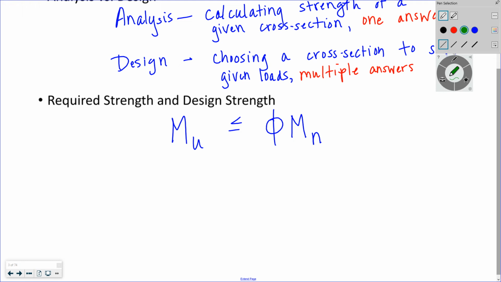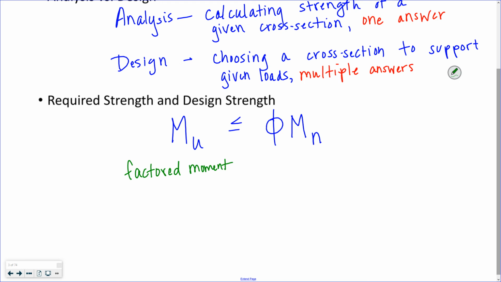Mu is our factored moment due to loads, right? Due to our dead load, live load, whatever other loads we have.